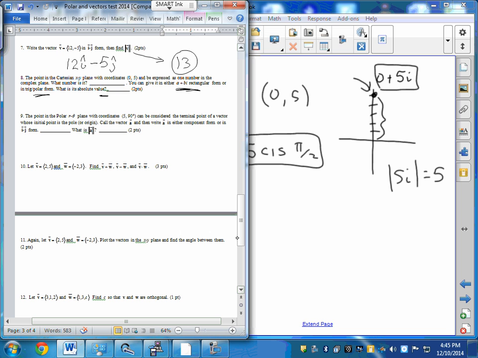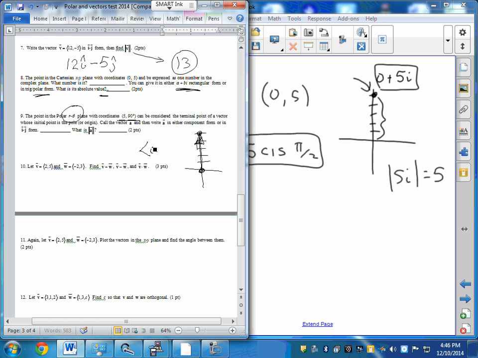Number 9, the polar point, polar r theta plane. And it says we have 5, 90 degrees. Well, lo and behold, that's exactly the same point we were just working with, so it's the same problem. Can be the terminal point of a vector. So let's draw a vector from here and going up to there. And now it says call the vector A and write it in component form.